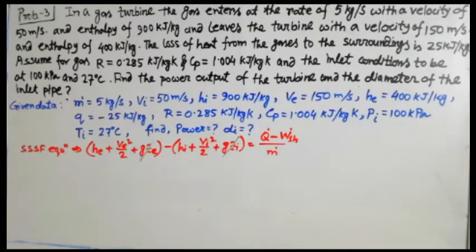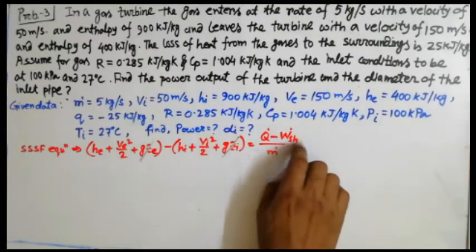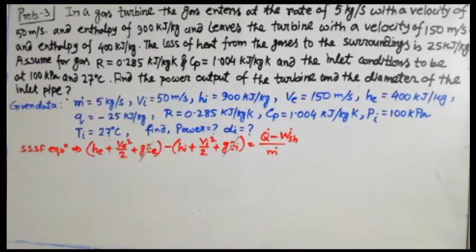Now you have to find the power. Power is W dot SH, which will come in kilowatt, that is the power developed by the turbine itself. So what we are going to do is put all the given values into that equation, and that way you can get the value.